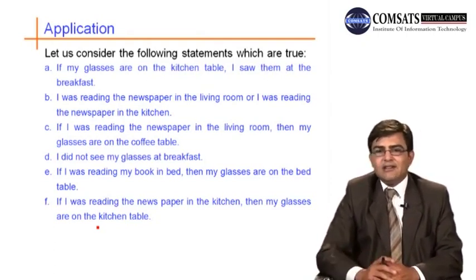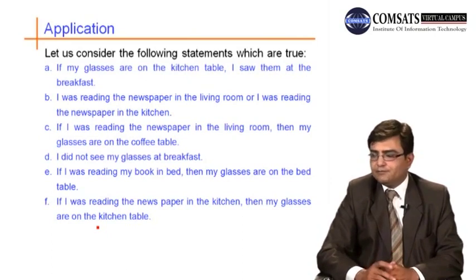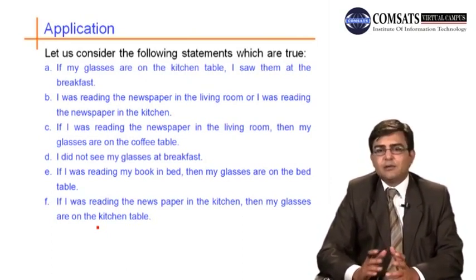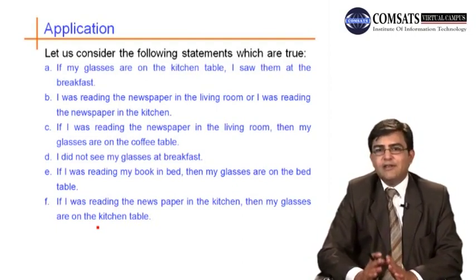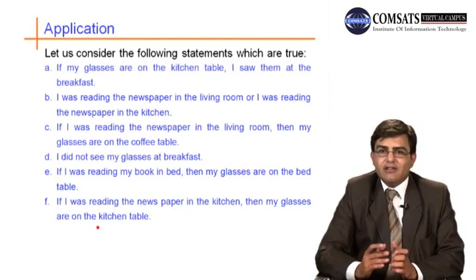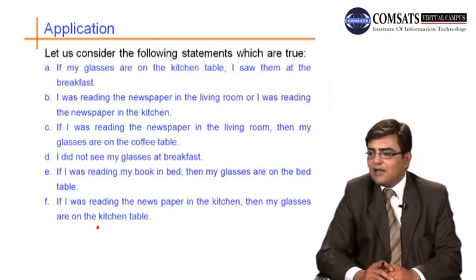I put it somewhere in the kitchen or in my room and I forget where I have kept that thing. And I remember some clues, and I construct an argument on the basis of my memories, trying to remember where I have put my glasses in the room or in my office.